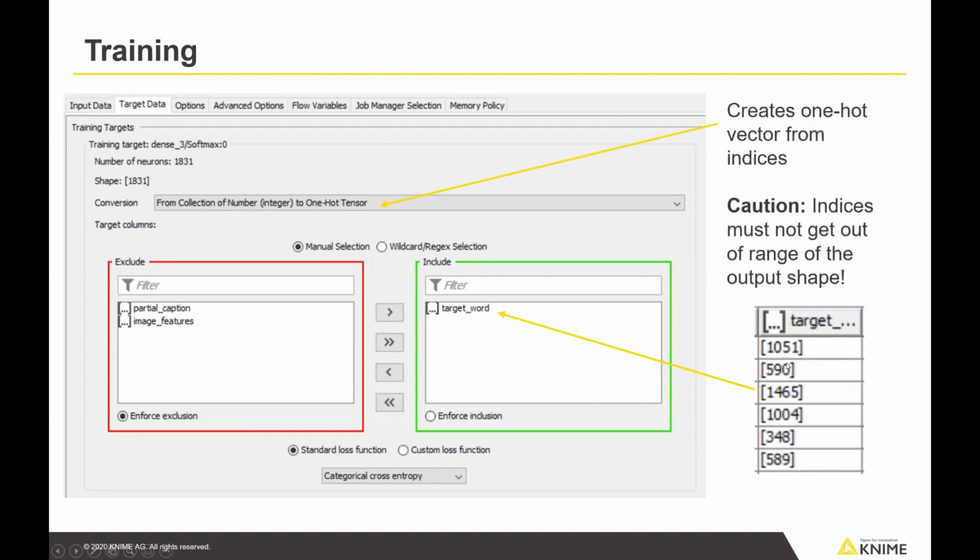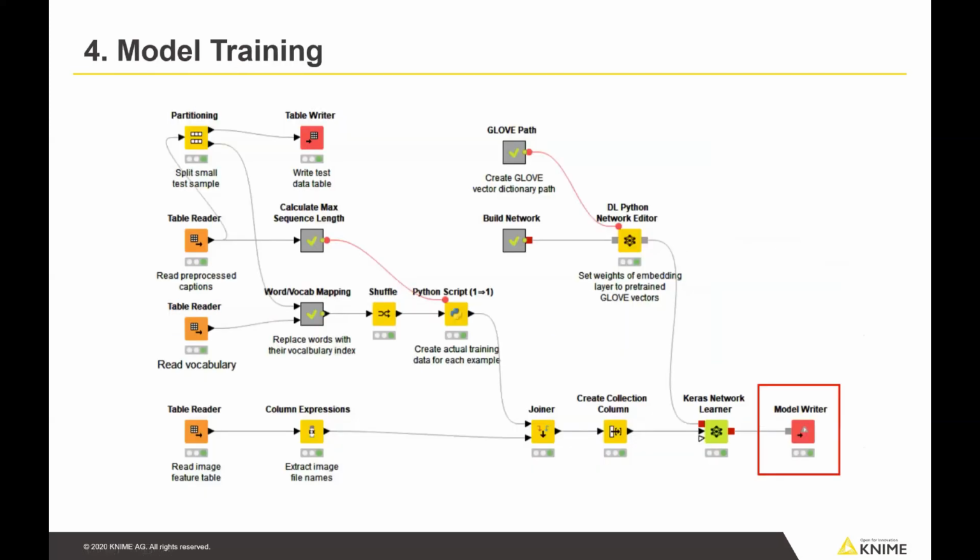But here you have to be cautious that this number does not run out of bounds of our shape. Otherwise, you will get an error. This is just a little trick, so you don't have to create the one-hot vector on your own beforehand. Then, after the model is trained, we can simply write it to disk.